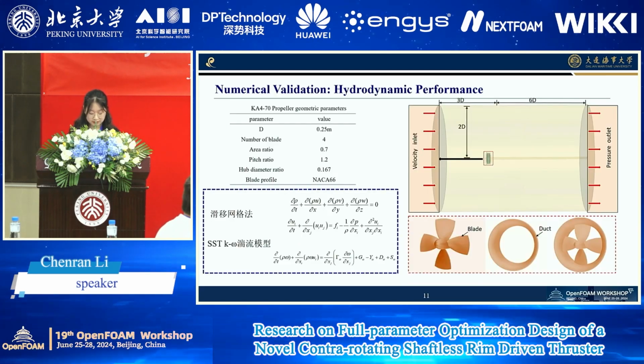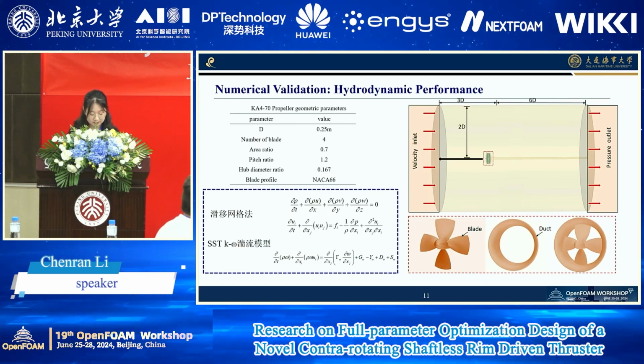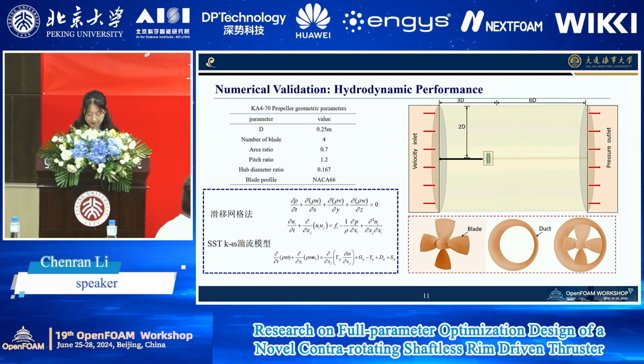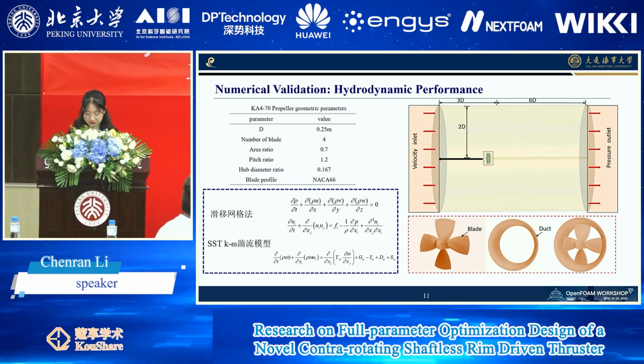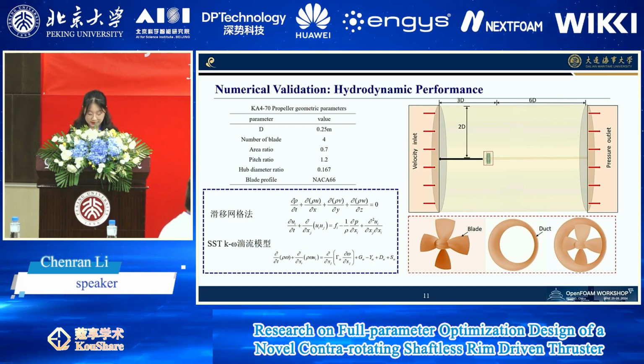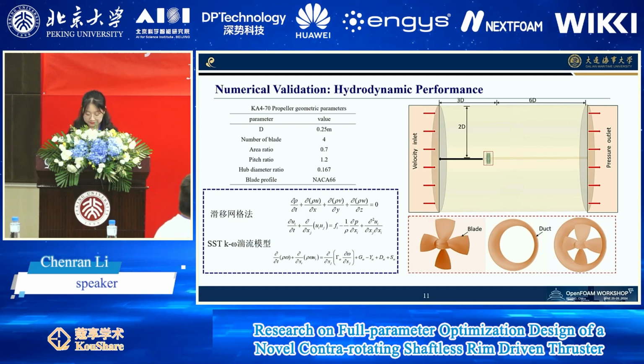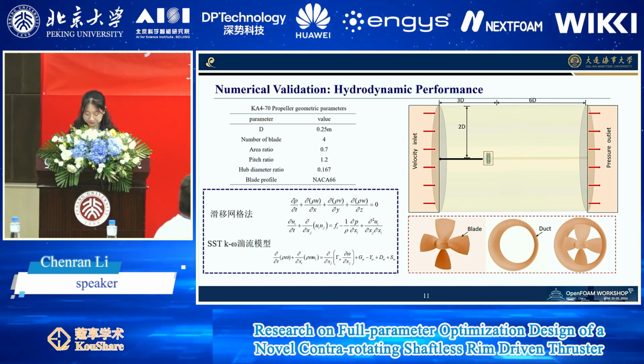Since the counter-rotating RDT is a new type of thruster, there is no experimental data domestically and internationally. However, the ducted propeller and counter-rotating RDT share structural similarities. The No. 19A duct has been widely used on ducted propellers, and its performance has been validated in practice.